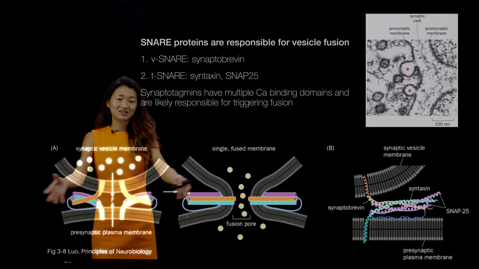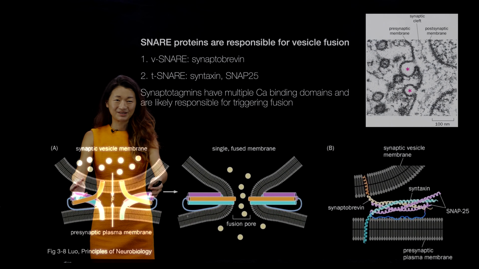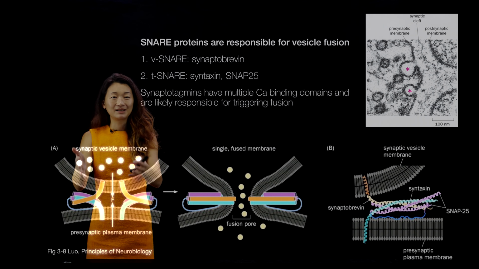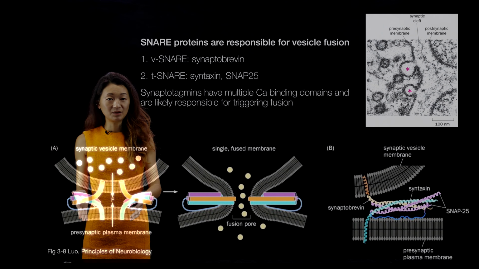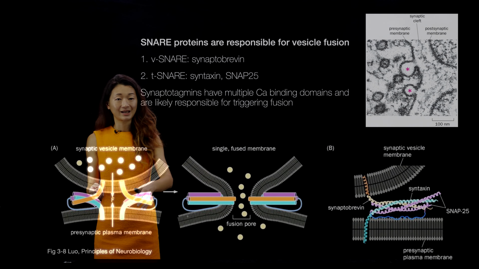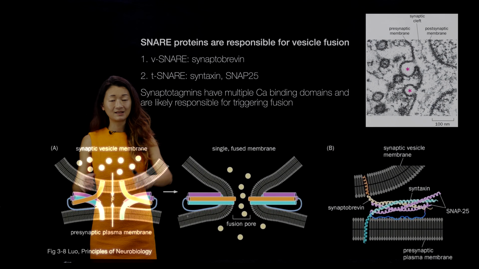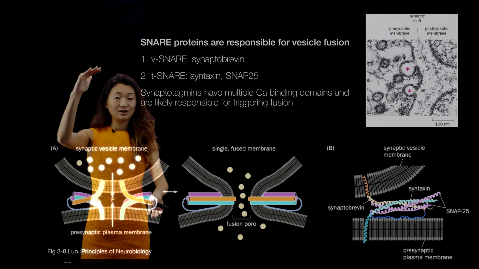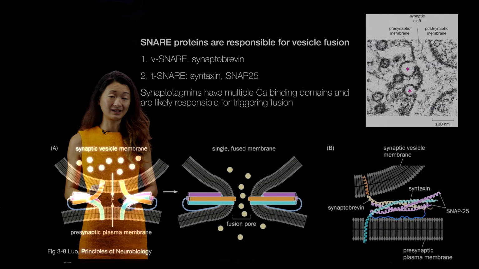They're sitting at the presynaptic plasma membrane, just hanging out, associated with the SNARE proteins, and ready in this conformation. When calcium floods into the presynaptic terminal, it binds to the calcium binding domains of these SNARE proteins, which causes them to change conformation, twist, and then fuse the synaptic membranes together.